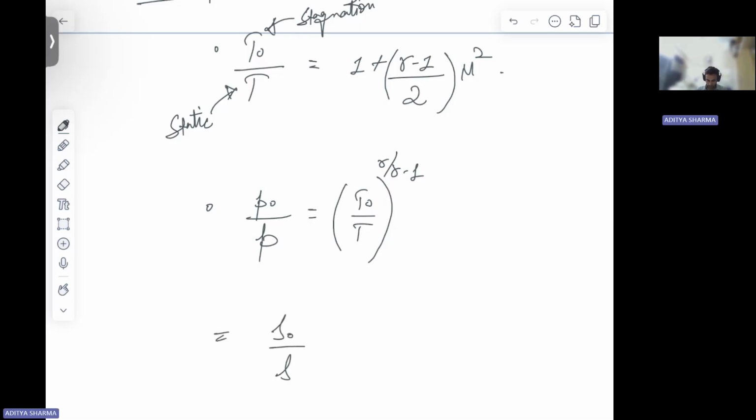And your rho by rho naught is T naught by T to the power 1 by gamma minus 1. So this is there.